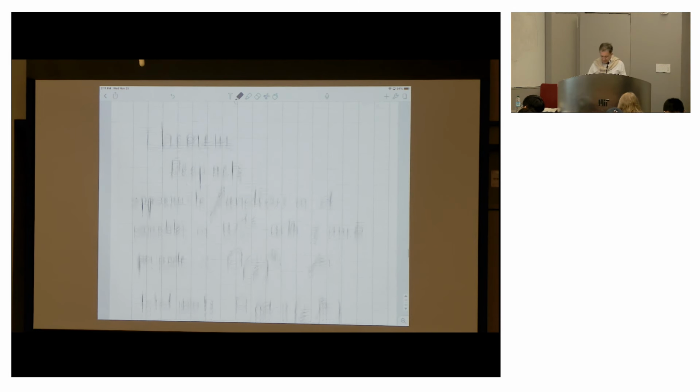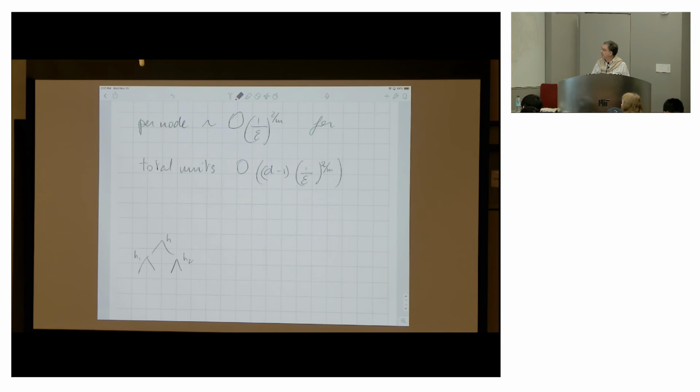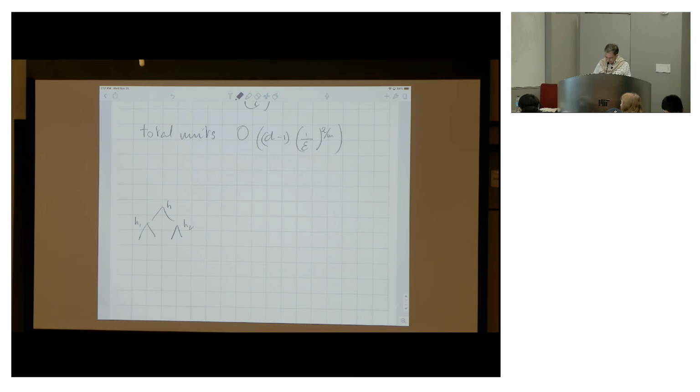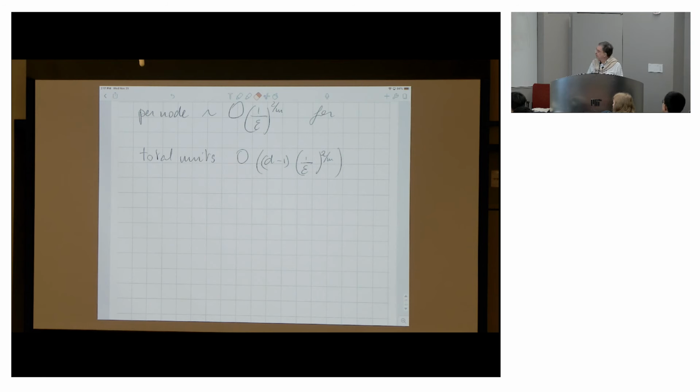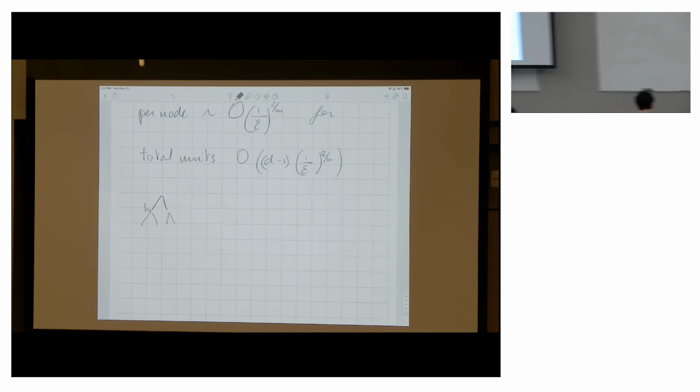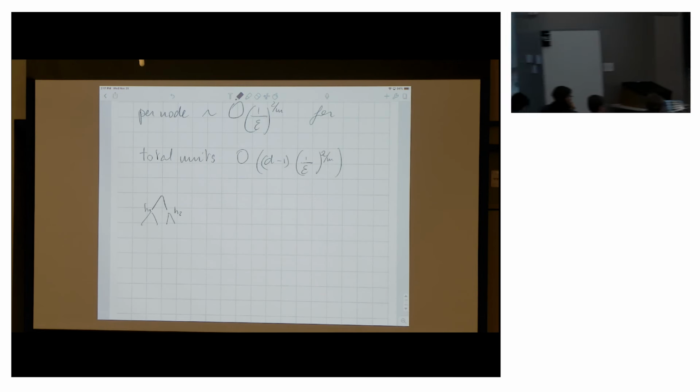Okay, so let me prove this quickly. So the proof goes like this. If I consider, again, this situation, it's easy then to recurse on this.